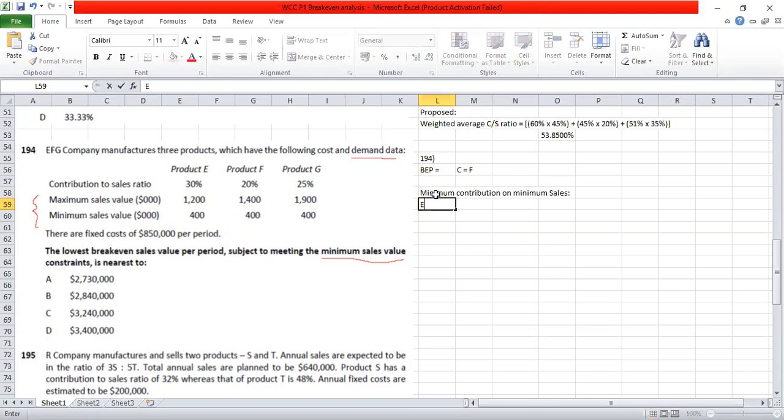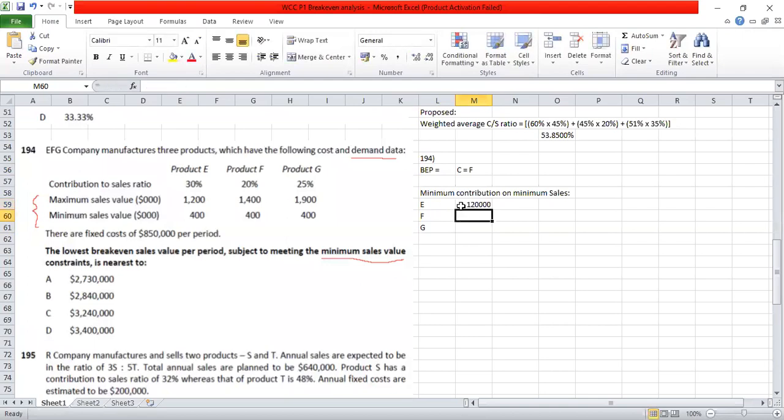E, F and G. In this case, E earns 400,000 into 30%.